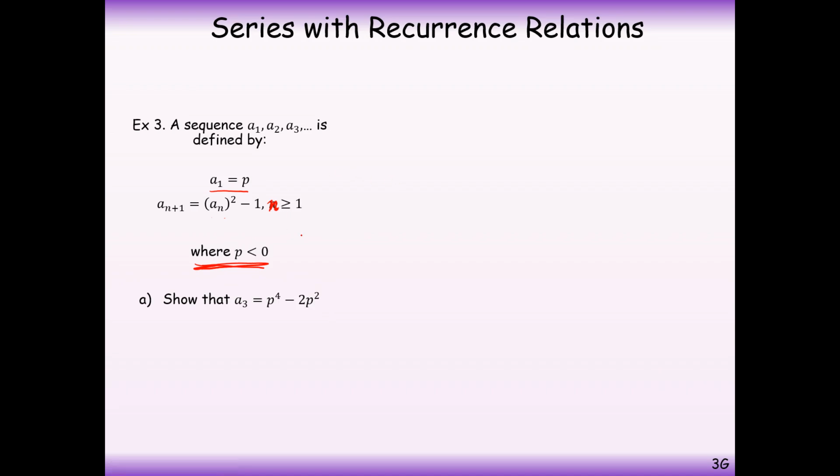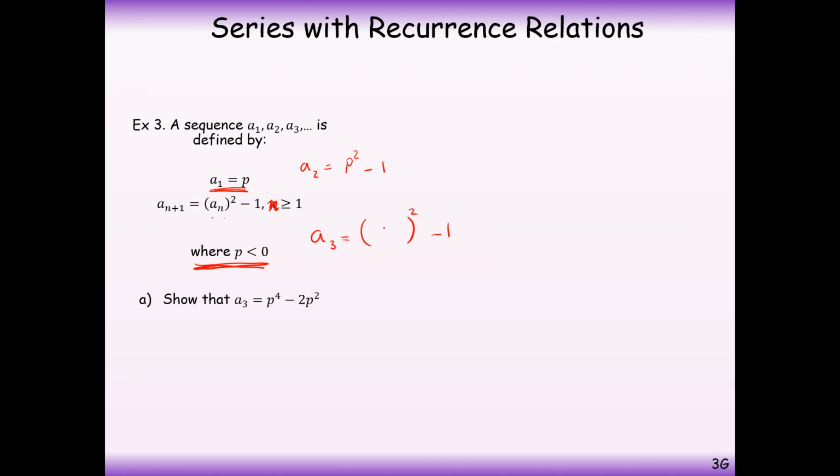So first we need to know the second term. We know that the first term a1 is p. What is a2? a2 would be a1 squared minus 1, so that would be p squared minus 1. Then the third term would be whatever the second term is, squared minus 1.